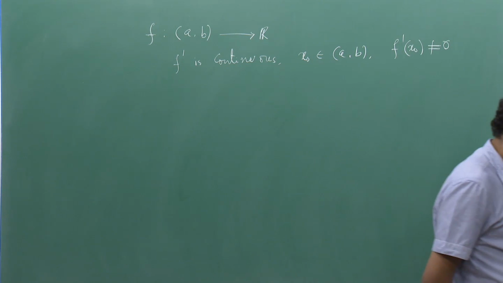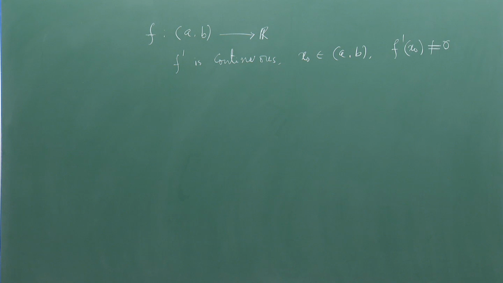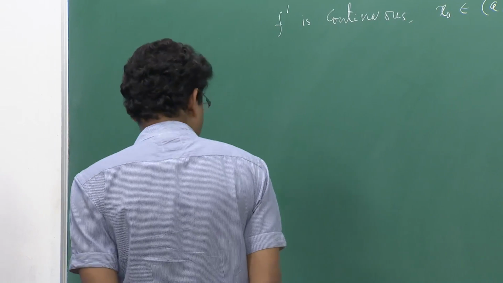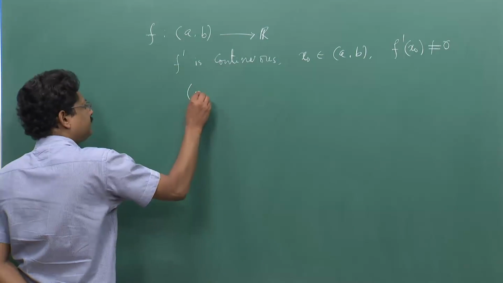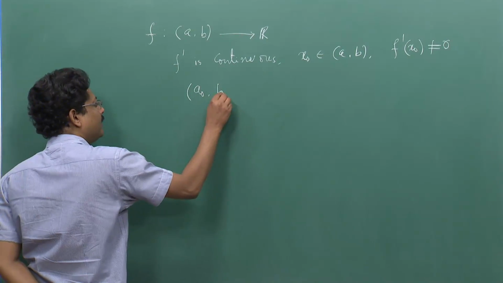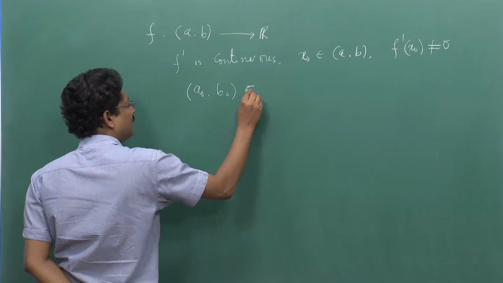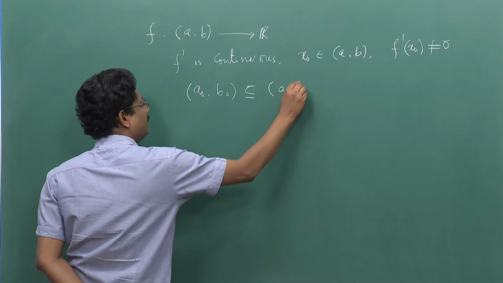So from that, what we did actually is that we can find a smaller interval a naught b naught. We proved all these things in the last lecture.